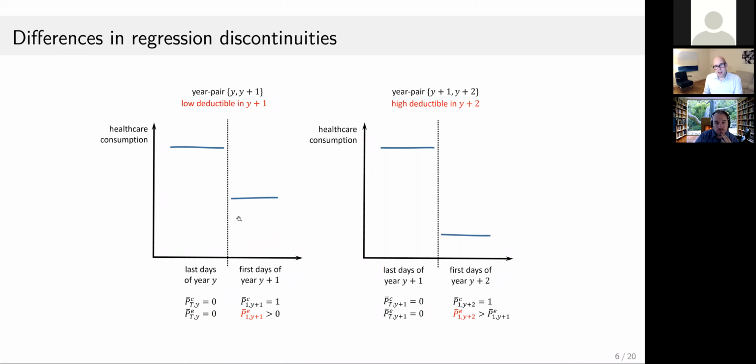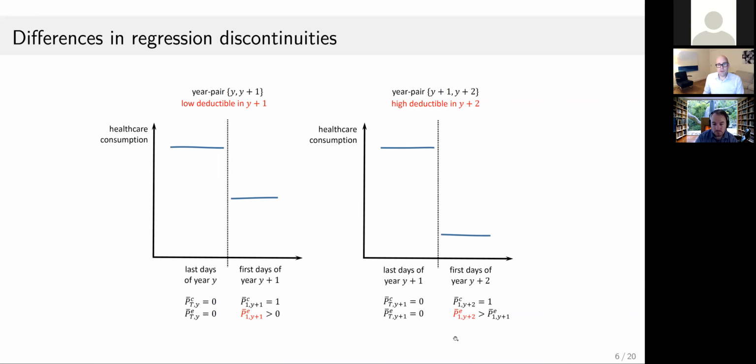So this already gives away the variation that we can actually use, right? So I have a drop in care consumption here, and that drop is caused by 3 things, basically. There's seasonality. So for whatever reason, things are different in January than in December. Second, I have a current price that changes from 0 to 1, and I have a future price that changes from 0 to something positive. Same thing here: I have the seasonality, I have the current price changing from 0 to 1, and I have the future price that now changes to a higher future price.